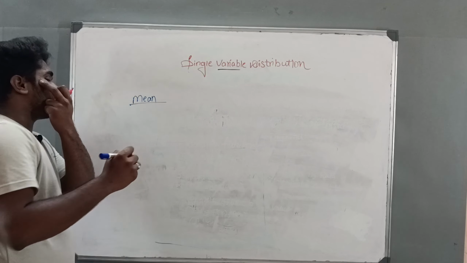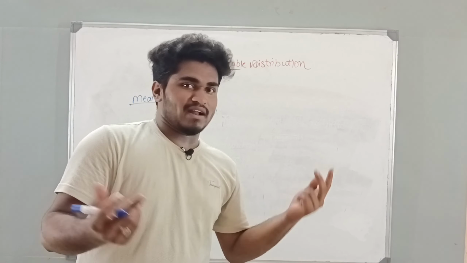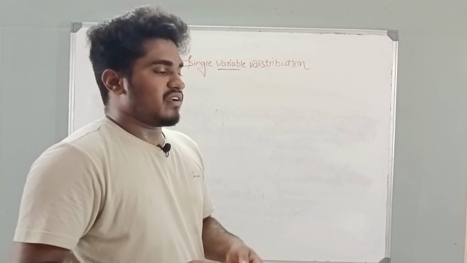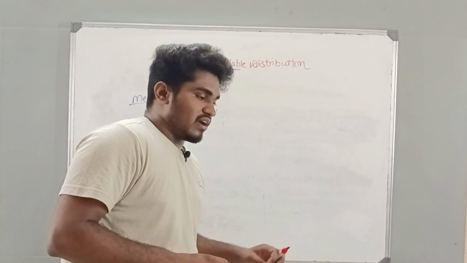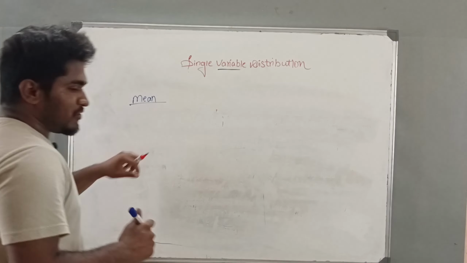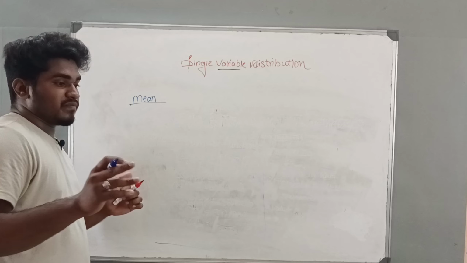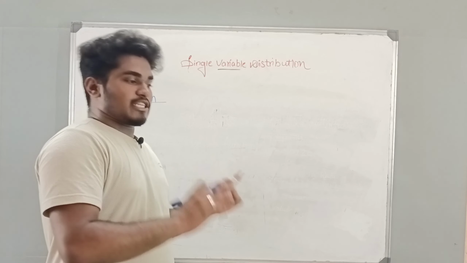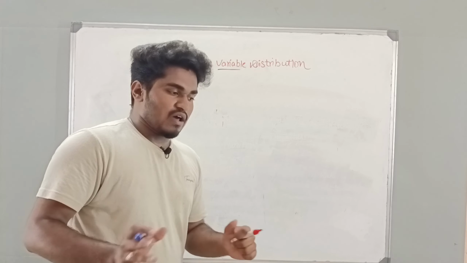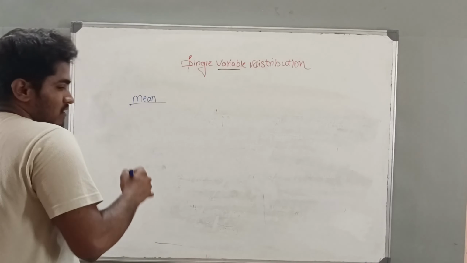Basically mean is nothing but sum of the observations by number of observations, right? In this case it is computed the same way. The expected value and the mean value are almost similar.